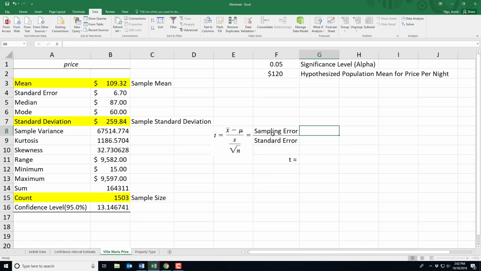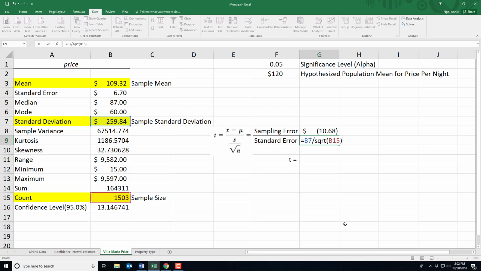So here's my formula, and a reminder that the top is my sampling error and the bottom is the standard error. We did the sample mean minus our hypothesized population mean, and the standard error was our sample standard deviation divided by the square root. To get square root in Excel, it's SQRT, parentheses, and here's my sample size. I could also just type in 1503, but it's easier if I click it.